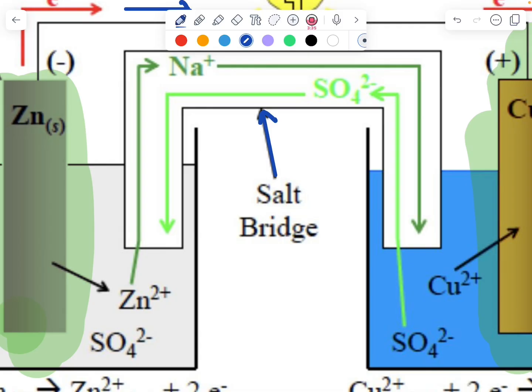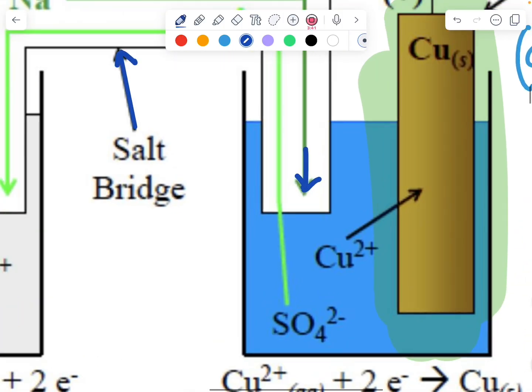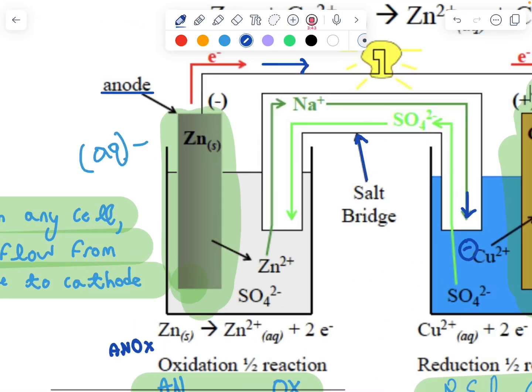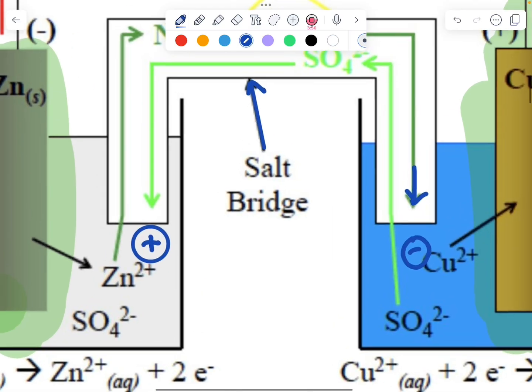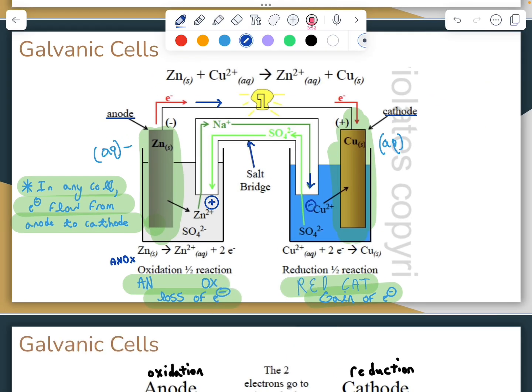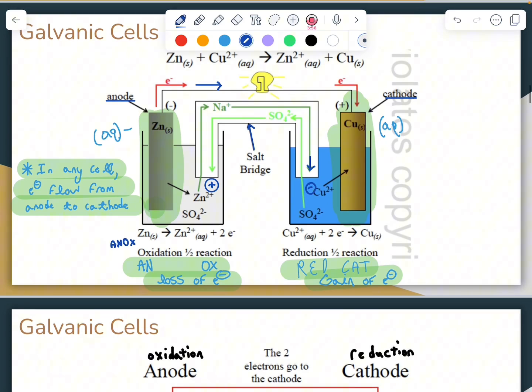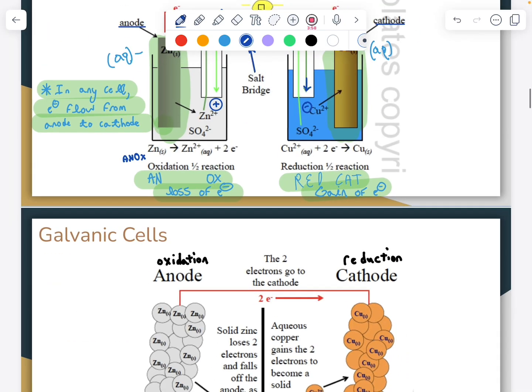So the positive ions are going to flow to the cathode because it's really negative over here because there's a lot of reduction happening. And then at the anode, we're going to have a lot of negative ions, like the sulfate, come over here to balance that chamber and keep it neutral.